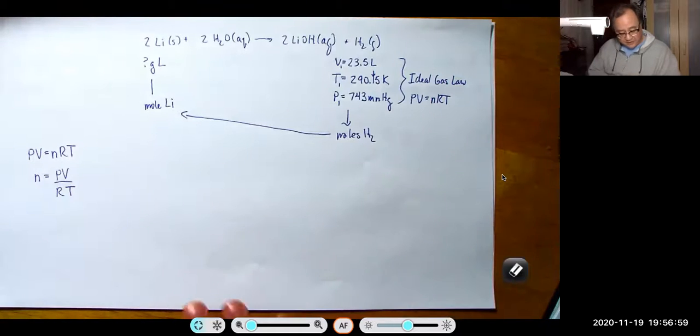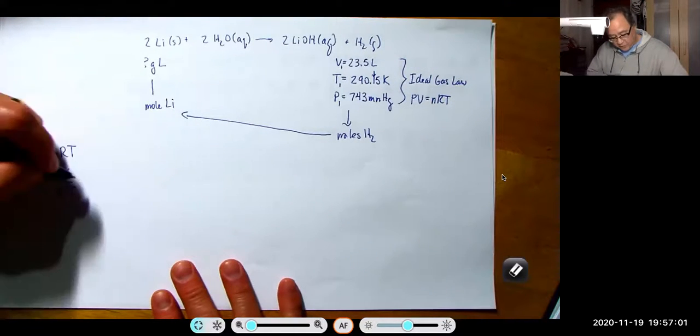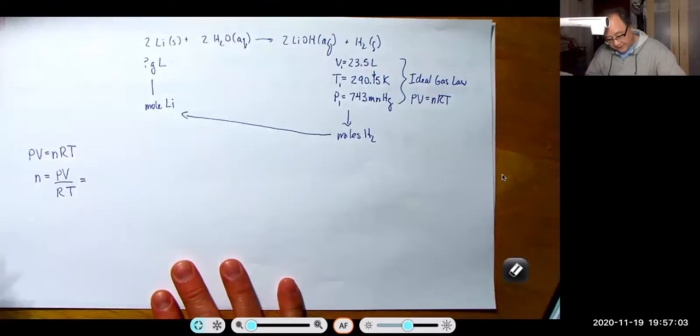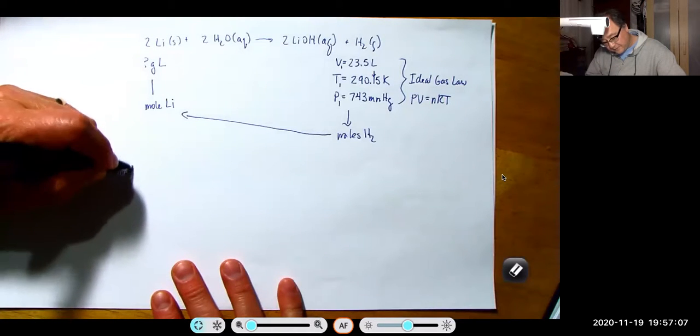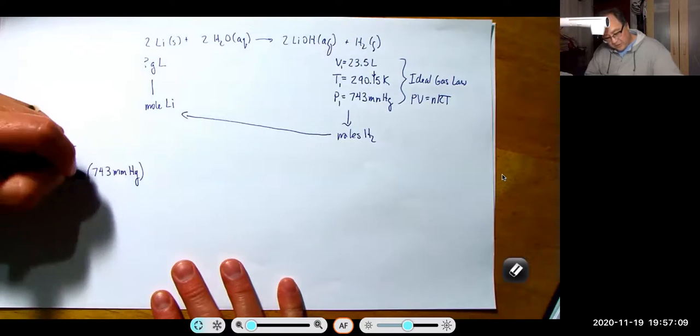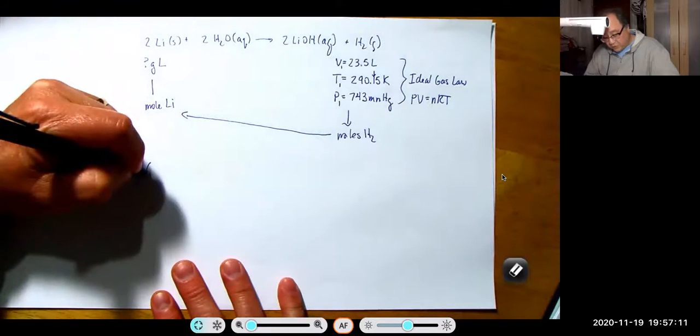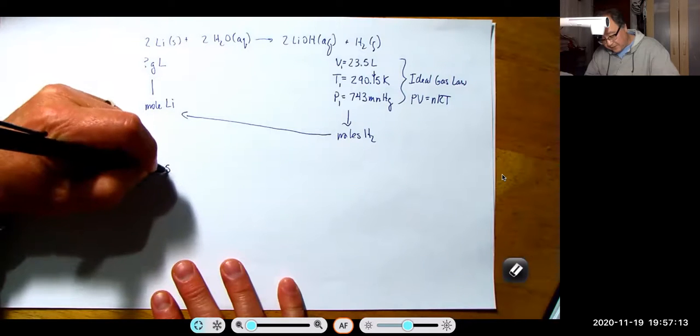n is equal to PV over RT. We'll plug the numbers in. The pressure is 743 millimeters of mercury. The volume is 23.5 liters.